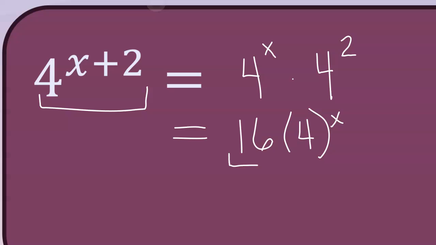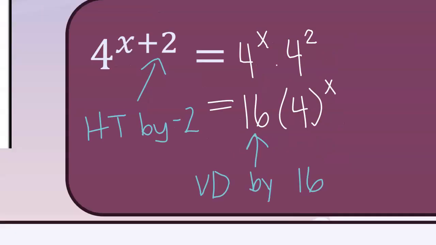But if we're viewing it from this perspective, what transformation is applied to 4 to the x power? So on this side, we have a horizontal translation by -2. That's another way of saying left 2. On the other side, we have a vertical dilation by 16. So applying each of these transformations would result in the same graph.